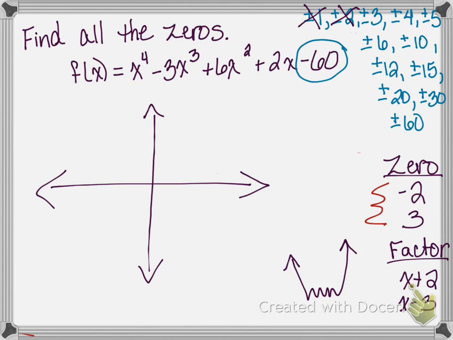Okay? That's my end behavior. Now, I know that I cross at -2 and +3. What is my y-intercept? -60. So that is like way down here, like below the floor. Okay? So it's going to look something like this.